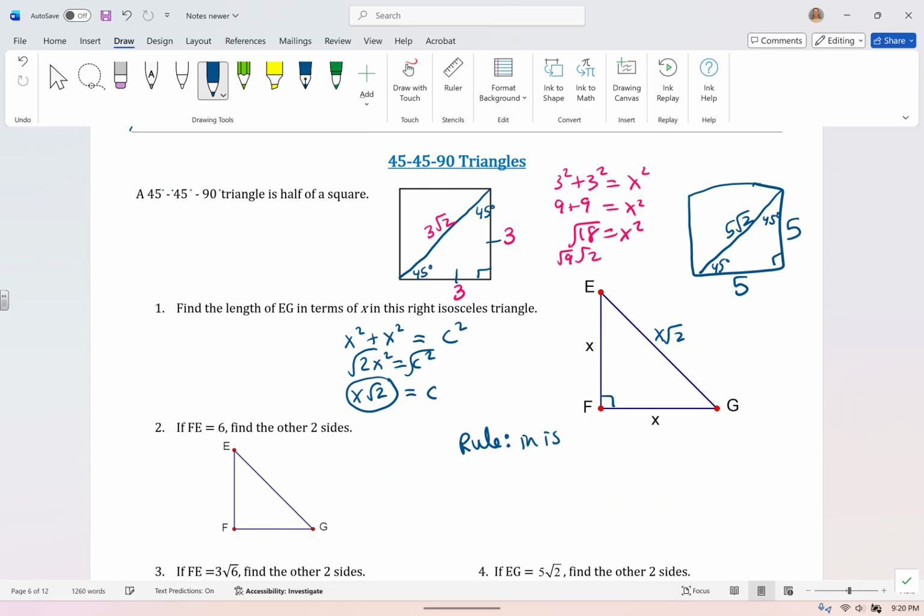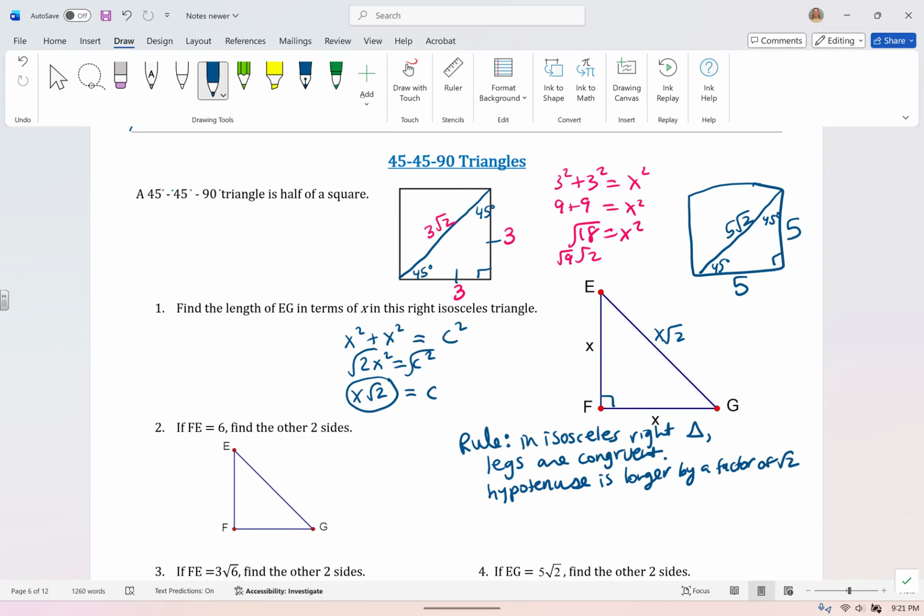In an isosceles right triangle, the legs are congruent, the hypotenuse is longer by a factor of root 2, okay?